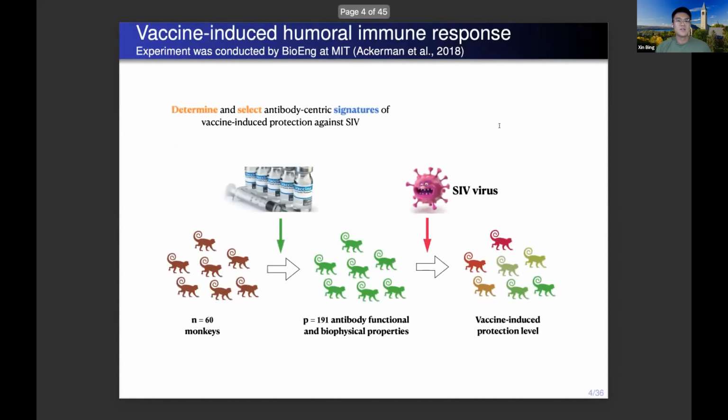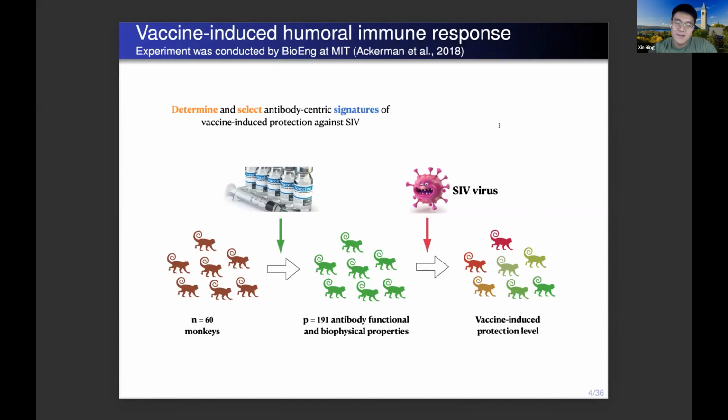Okay, so the whole project is motivated by a study on vaccine-induced humoral immune response, and the experiment was conducted by the bioengineering department at MIT. So what is in this experiment? In this experiment, there are 60 monkeys that the researchers collected.